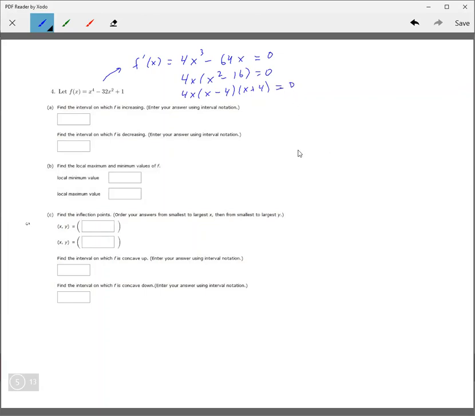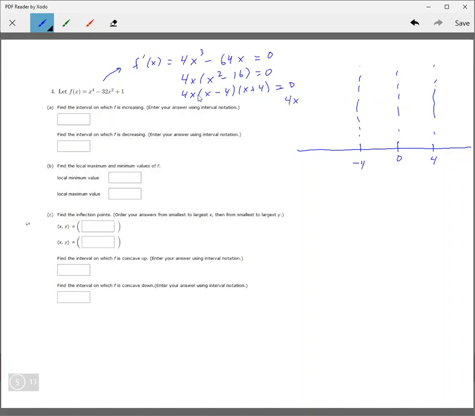Okay, so I'm going to make a little chart here because I like to be straightforward about these things. I think I might have showed you how to do this before, but this is something you're going to do a lot.